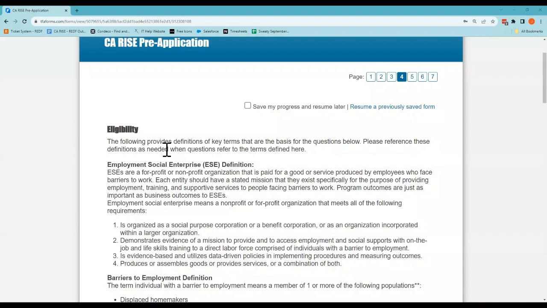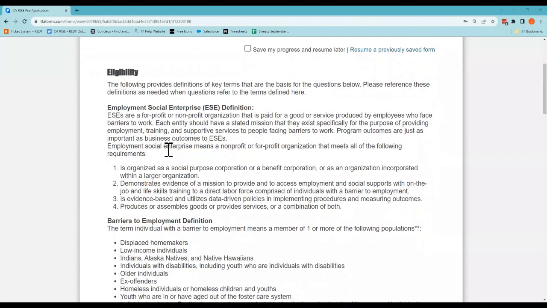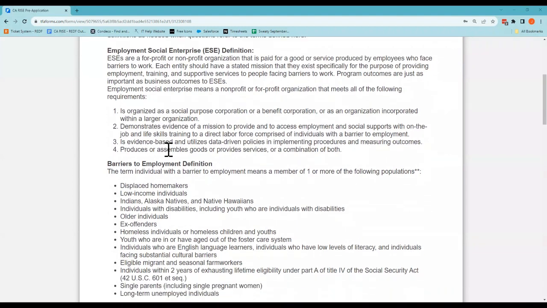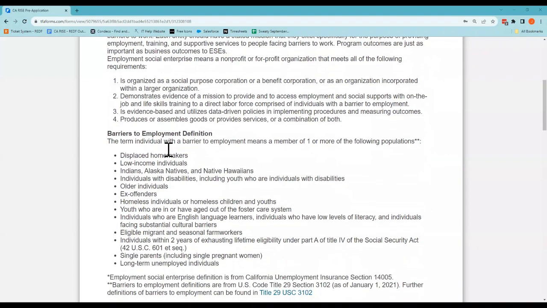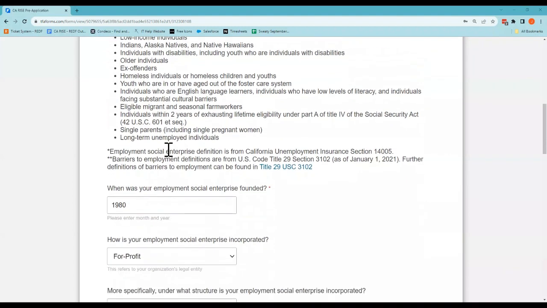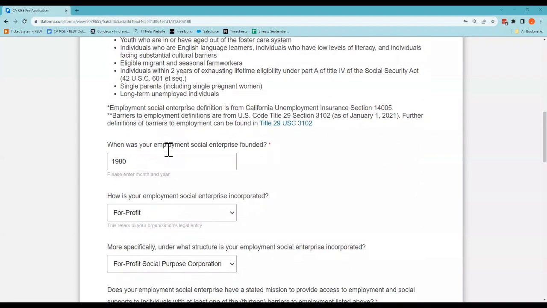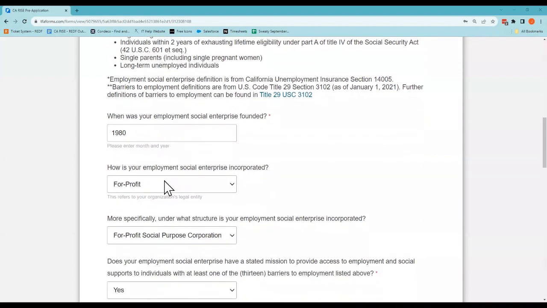This page outlines the definition of an employment social enterprise in more detail, as well as the types of barriers to employment this program is focused on. There are several incorporation questions about your employment social enterprise. If your employment social enterprise is part of a larger organization, these answers should reflect the employment social enterprise, not the parent organization.